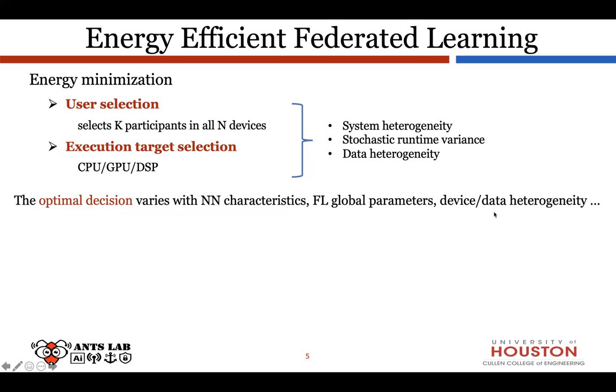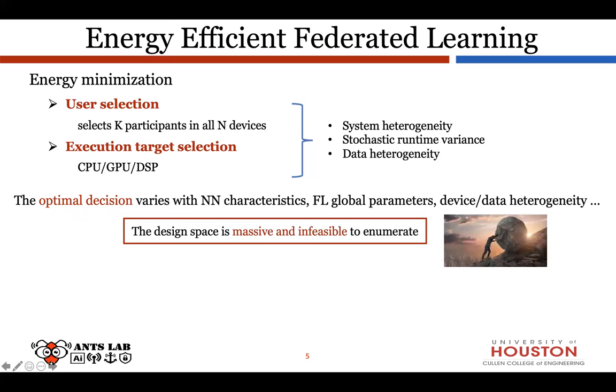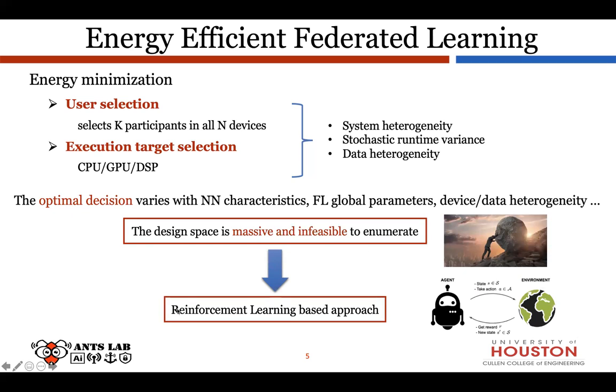Moreover, some components like the device or data heterogeneity are always changing over time. So the design space is massive and infeasible to emulate. Therefore, in this paper, they use a reinforcement learning-based approach. They want the machine to learn and make the decisions automatically, and we call it AutoFL.